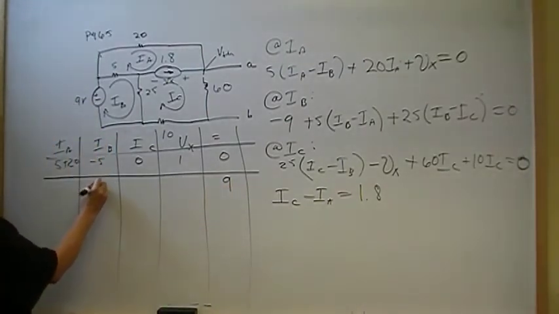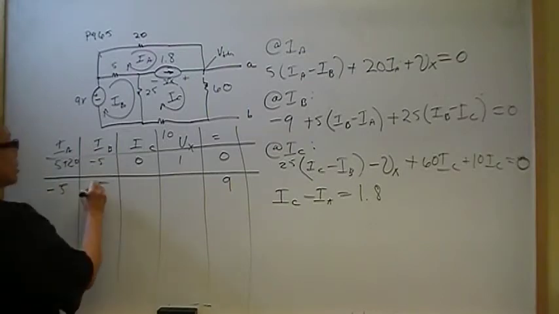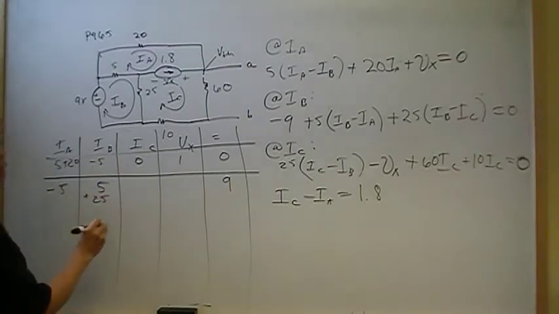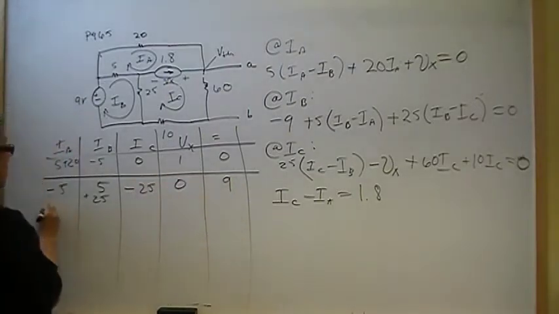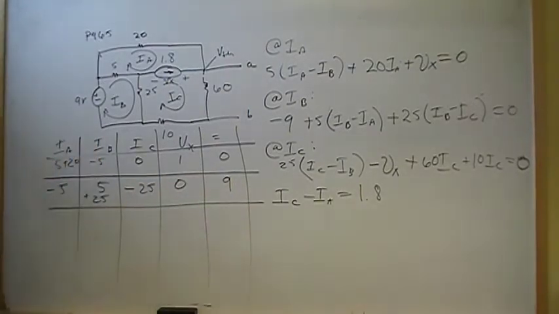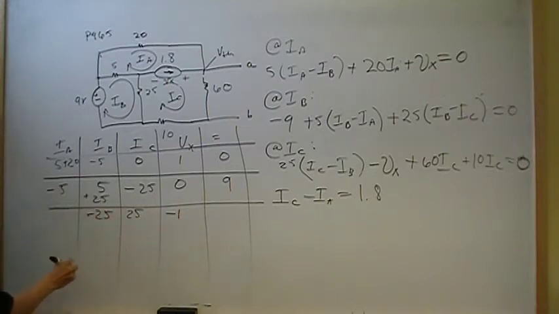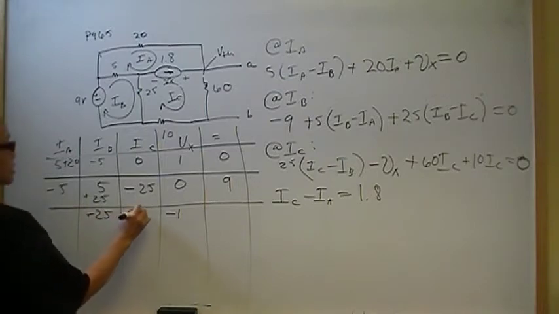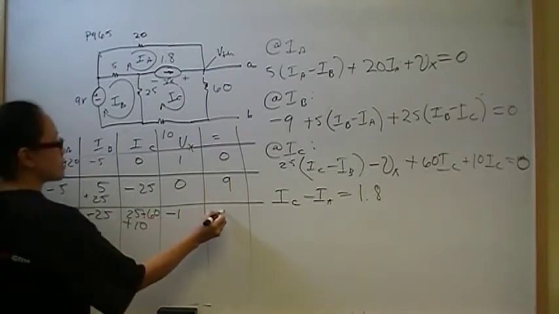And then we got a 5 for IB, -5 for IA, plus 25 for IB, and then minus 25 for IC, and then 0. Okay, so then mesh at IC, we're going to have 25 for IC, and then -25 for IB, -1 for Vx, and then 60 plus 60 for IC, and then plus 10 for IC, and then we got zeros everywhere else.